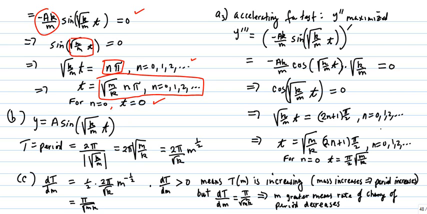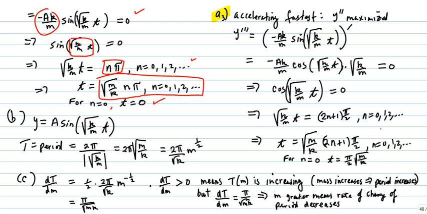For the third part of the question, when is it accelerating the fastest? Then you would have y double prime maximized.